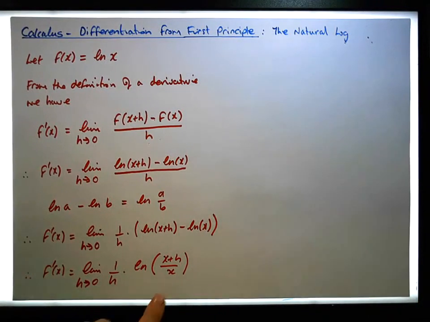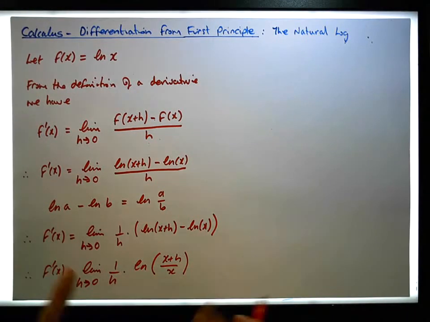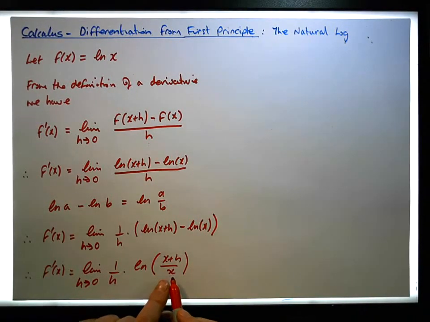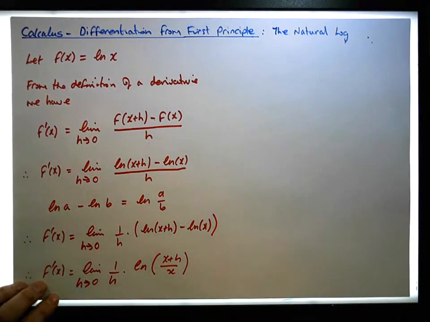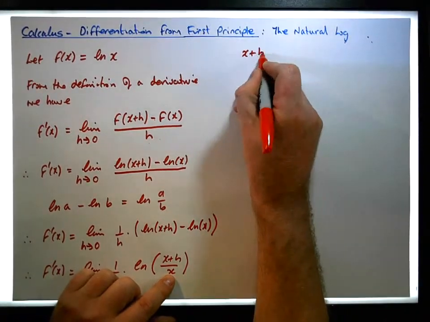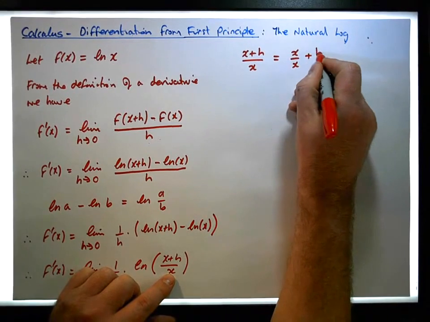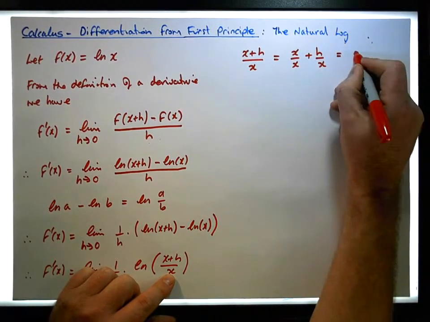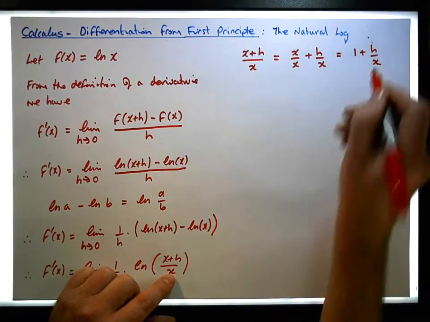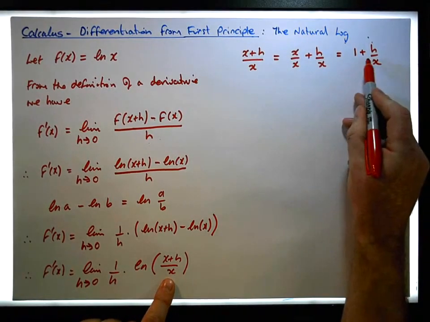What we'll do here is split the common denominator across both terms. Let's note that x plus h over x is the same as x over x plus h over x, which is the same as 1 plus h over x. So let's keep that in mind.